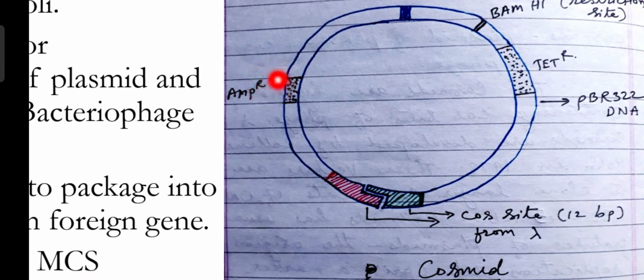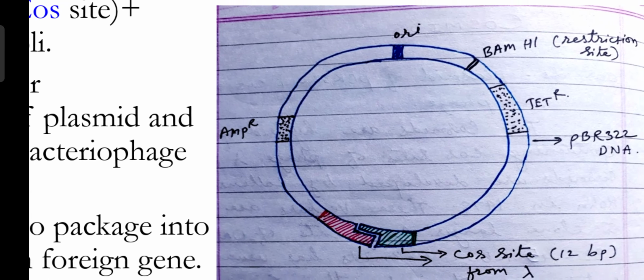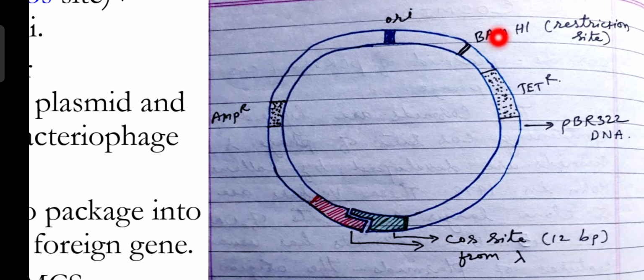As usual, you can see the ampicillin resistant site, tetracycline resistant site, and origin of replication site. Here I have shown one restriction enzyme site, that is BamHI. So here we can close this vector.